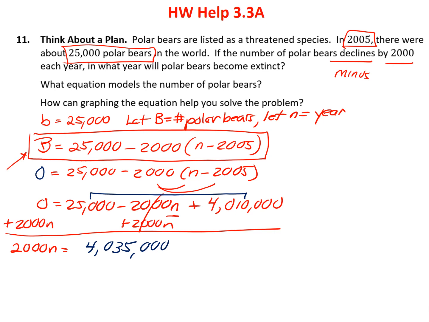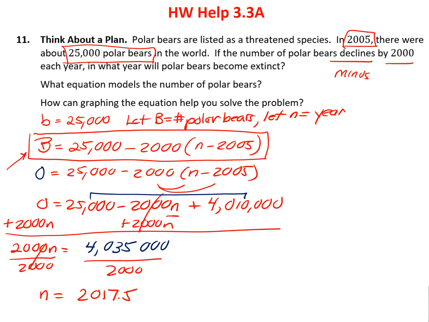Okay? So now we'll undo multiply by 2,000 by dividing by 2,000. Divide this by 2,000 as well. And we end up that n equals 2017.5.